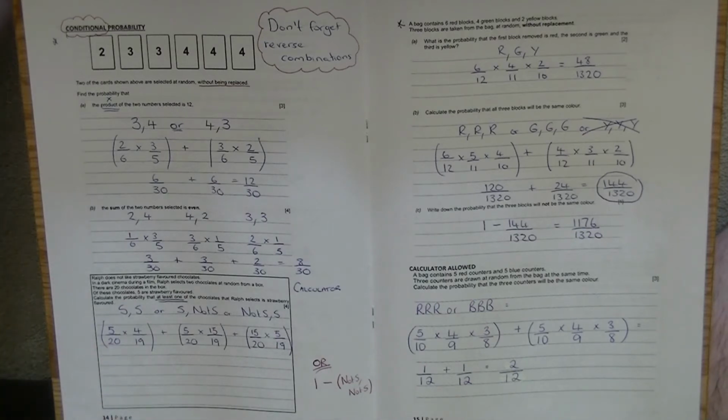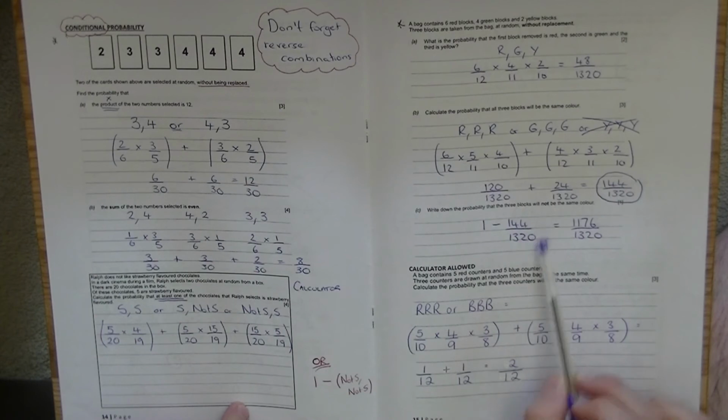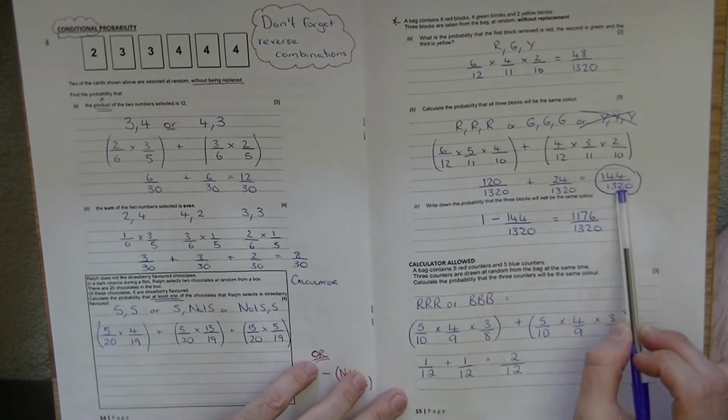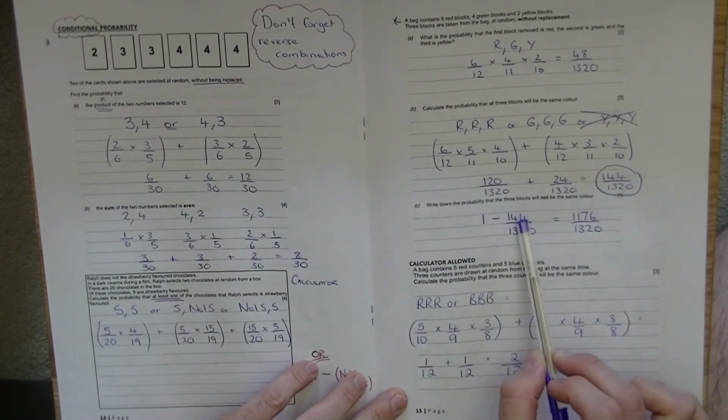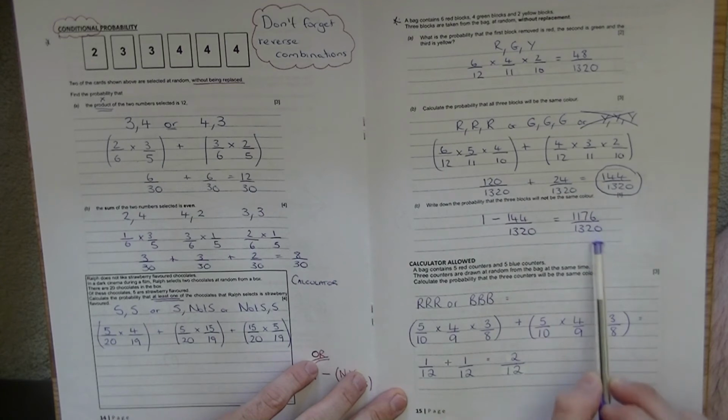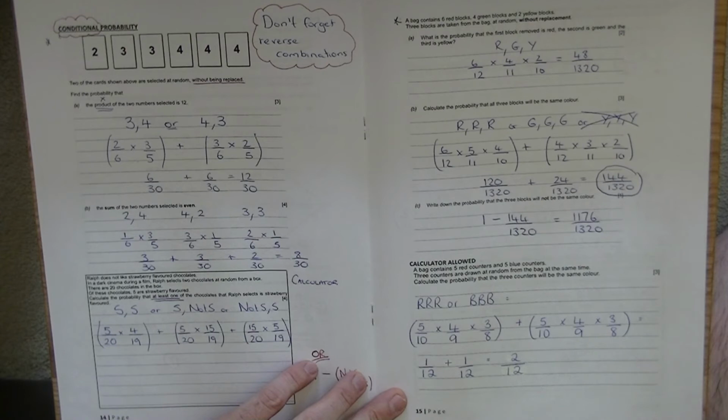You get the idea. By the time you list them all, work them all out and add them together, you'll be there all day. However, the probability that the 3 blocks will not be the same colour is 1 take away the probability that the blocks will be the same colour, which we've worked out here. Okay, so 1 take away that, and I've worked that out there, 1,176 over 1,320.